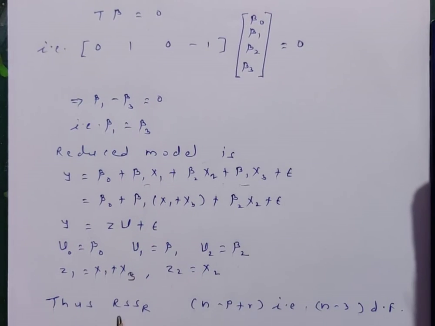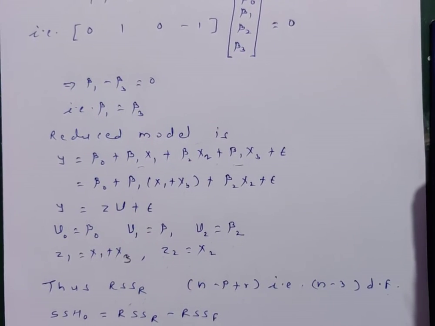Thus RSS R, the residual sum of squares for the reduced model, has n minus p plus r, that is n minus 3 degrees of freedom. So SS H naught is equal to RSS R minus RSS F, which is n minus 3 minus n plus 4, that means 1.